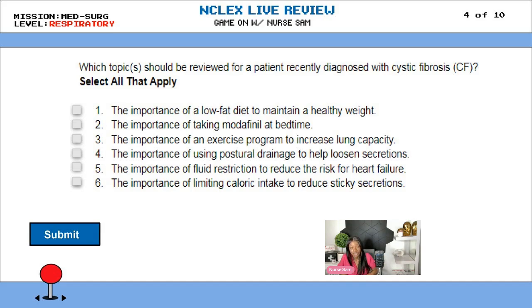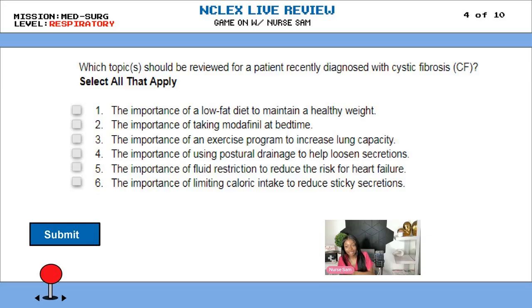Another tip for you guys when it comes to select all that apply. Really with any NCLEX question and answer choice, but especially for select all that apply, you want to make sure every aspect of that answer option is true. For example, number 2, the importance of taking modafinil at bedtime. You might just stop at modafinil and be like, oh yeah, modafinil.